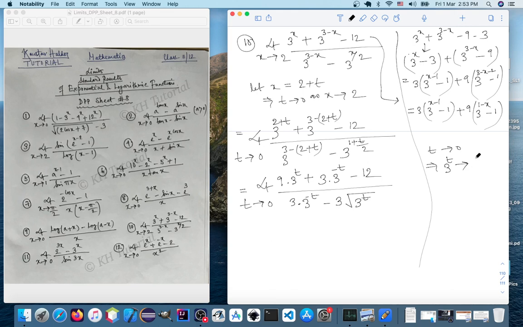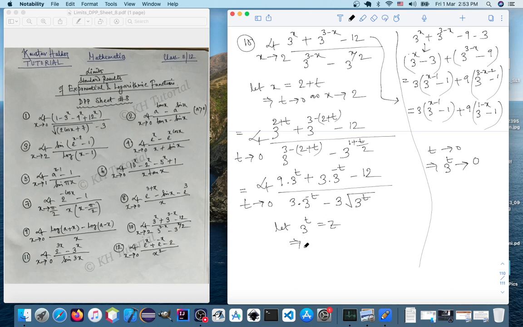So if we again make a change of variable, let 3 to the power t equal z.